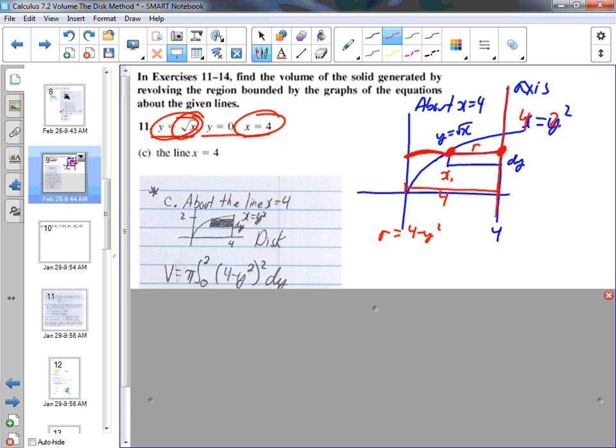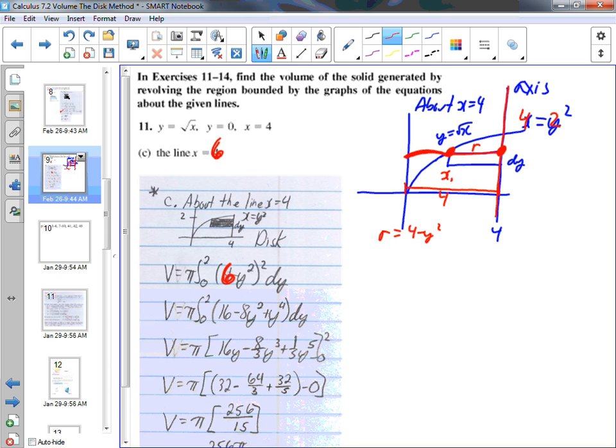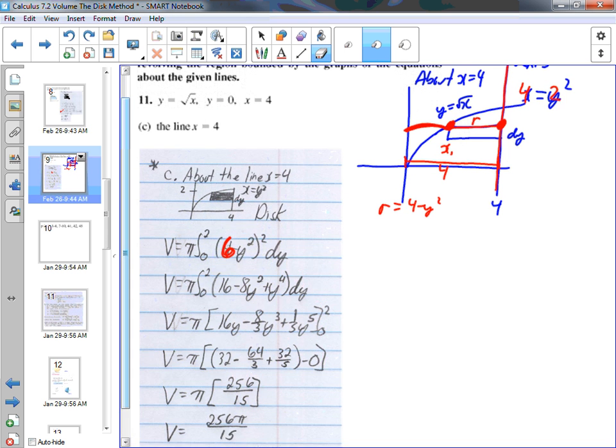Okay? So if that was a 6, the radius would be 6 minus y squared. Y'all catch that? If the axis was x equals 6, that'd be 6 minus y squared. Make sense? If we change the 4 to a 6, we're not ready for a gap yet. Those are washers. Okay?